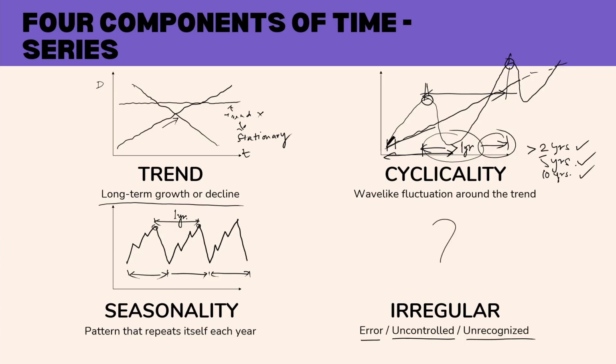Therefore it is a big question mark for you, and it is the irregular variation. So the basic point is, if you take trend, cyclicality and seasonality out of the total data, which is your original time series data, then what remains is the irregular variation.